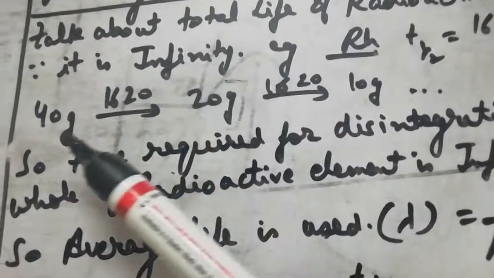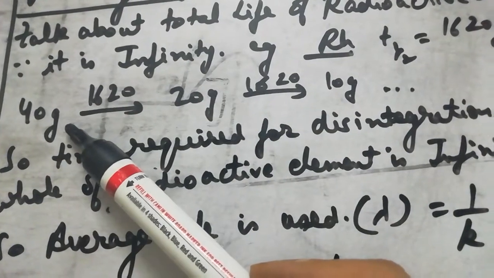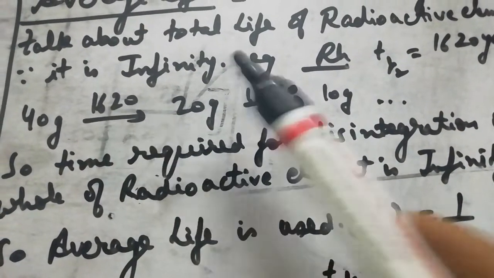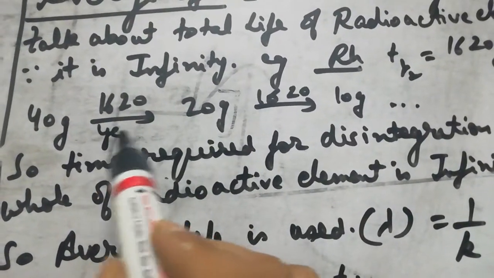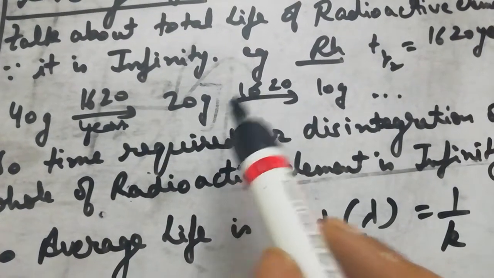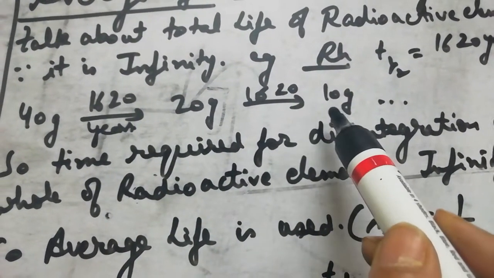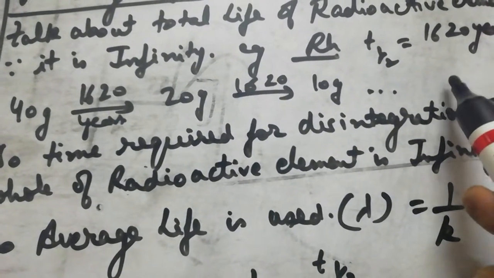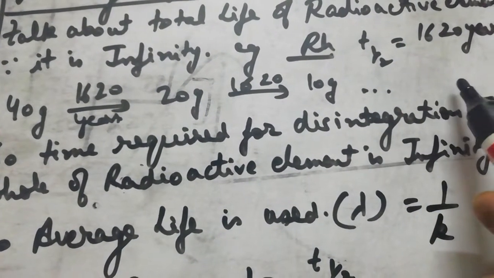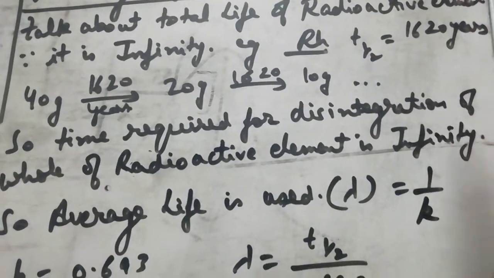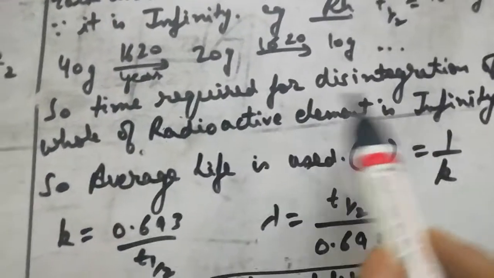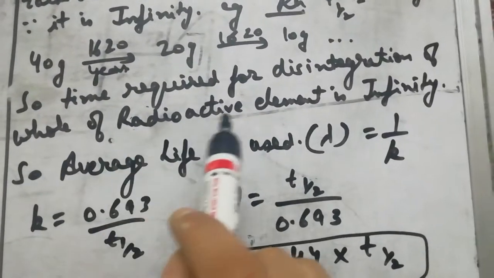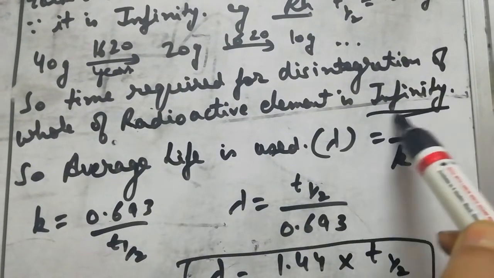Let us suppose 40 gram of radium is taken. After 1620 years, it will be left to 20 grams. Then after another 1620 years, it will be left to 10 grams. After another 1620 years, 5 grams. Another 1620 years, 2.5 grams. So the time required for the disintegration of the whole of the radioactive element is infinity.